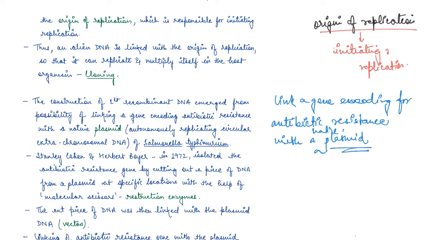Now, what is a plasmid? A plasmid is a circular DNA, right? It is present as an extrachromosomal DNA.